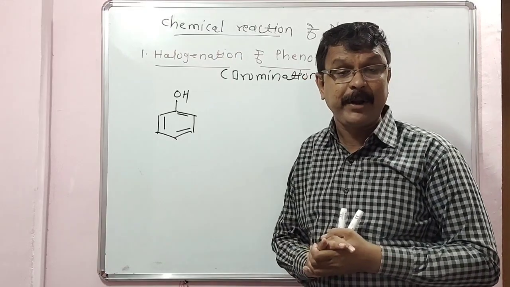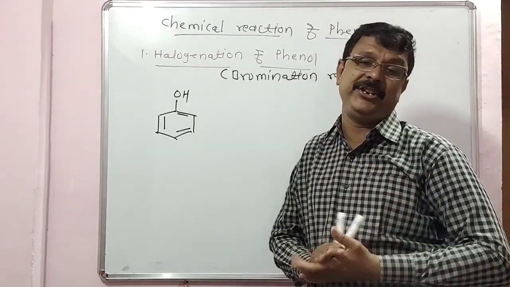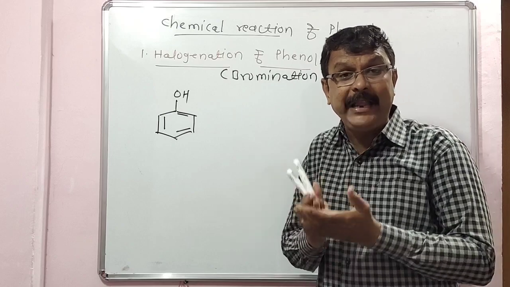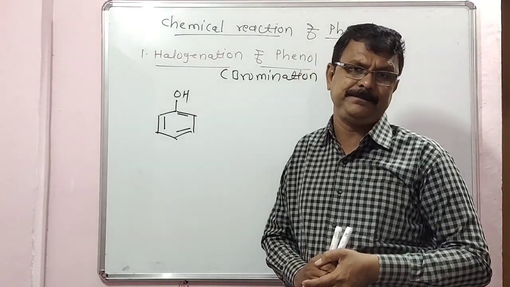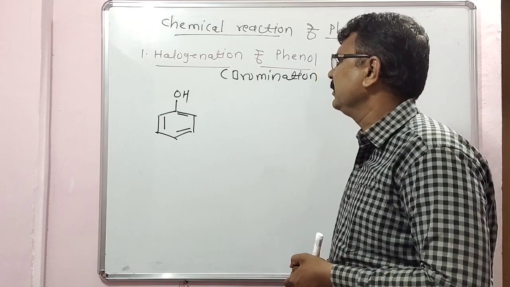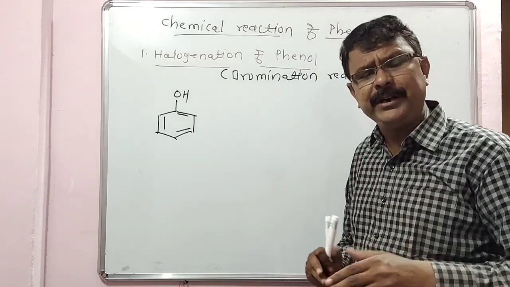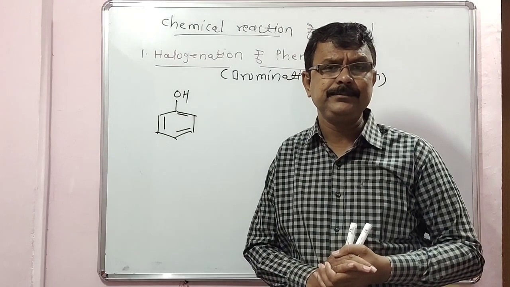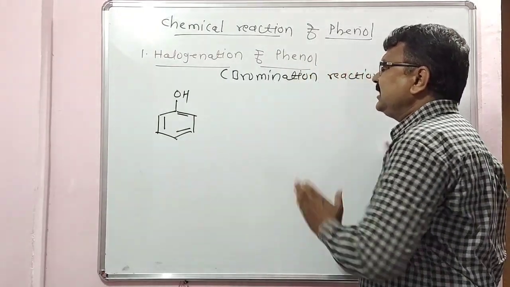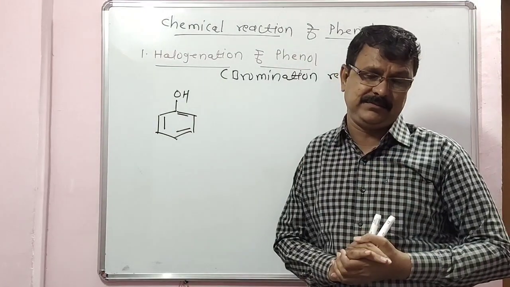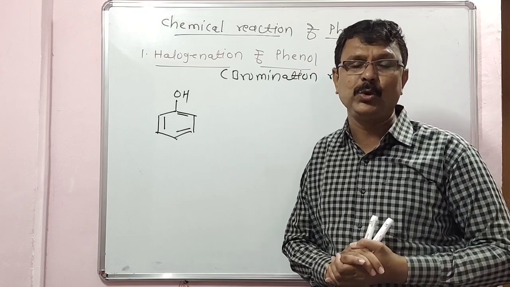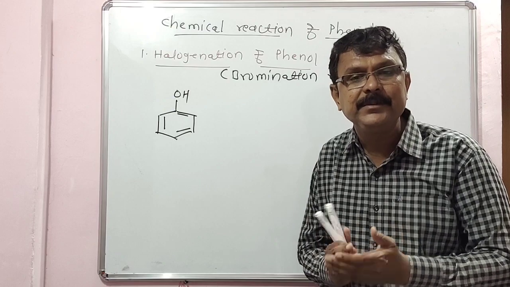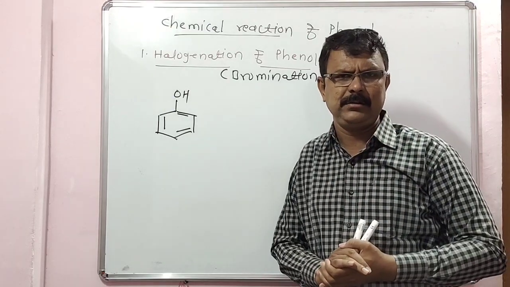Okay, look at the second point. The product of the halogenation reaction depends upon the polarity of the solvent, either a polar solvent or a non-polar solvent. Reaction with bromine water, or aqueous solution of bromine, is polar in nature.